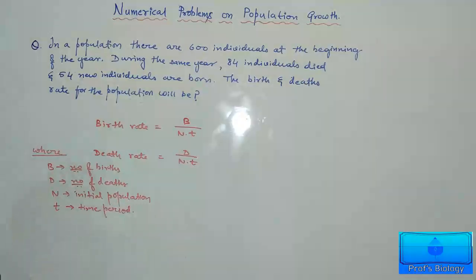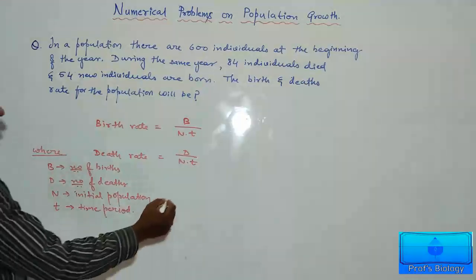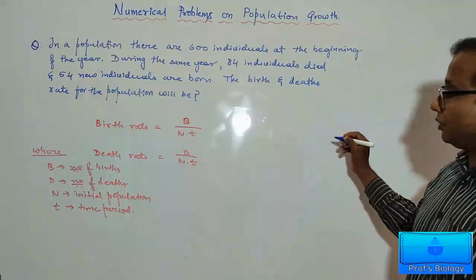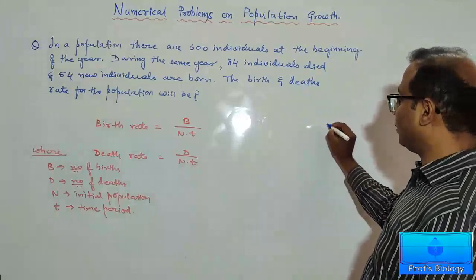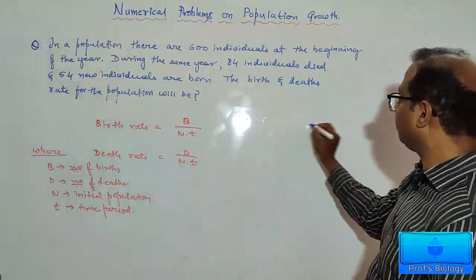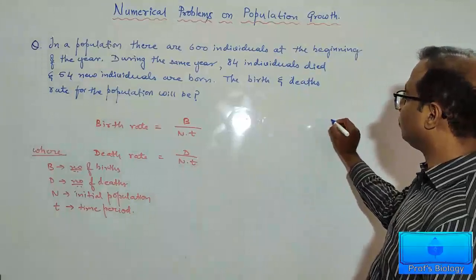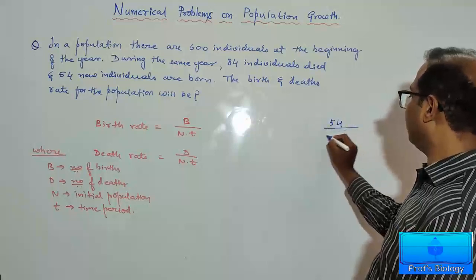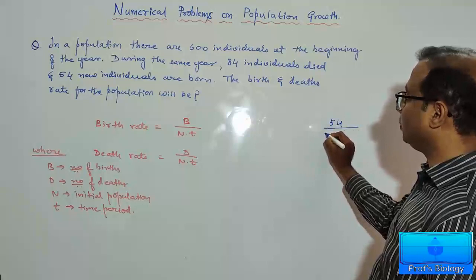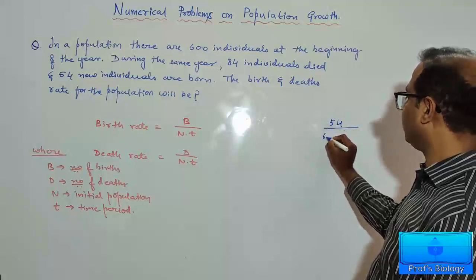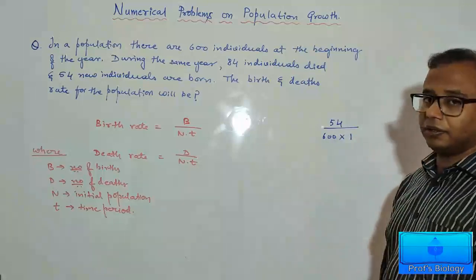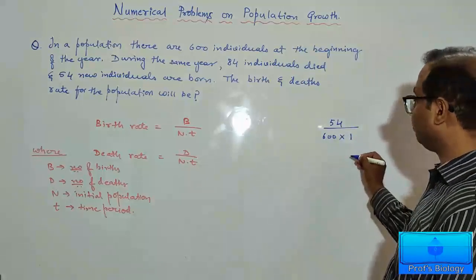Now let us substitute this and find out the birth rate first. So birth rate will be 54 by initial population 600 per year. Time period is 1 year.